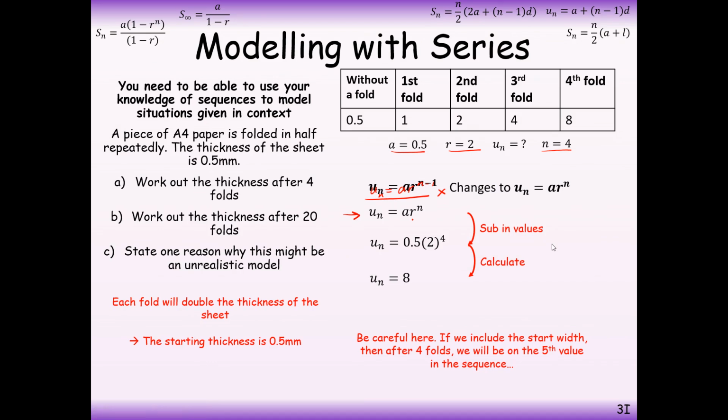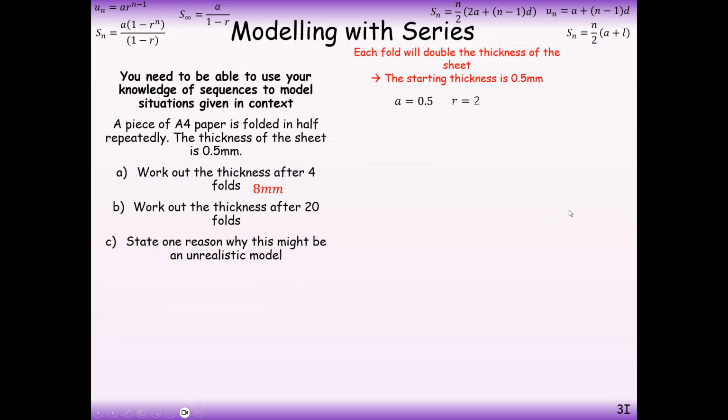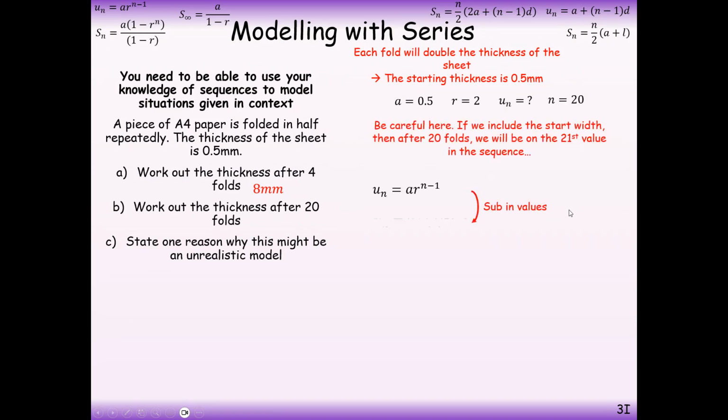Alright, so let's understand the next part. Part B is simply asking us to do the same thing, but we're going to change n instead of 4 to be 20. So once again, we're going to use the same formula. We're saying 2 to the power of 21 because we are using the very original formula.